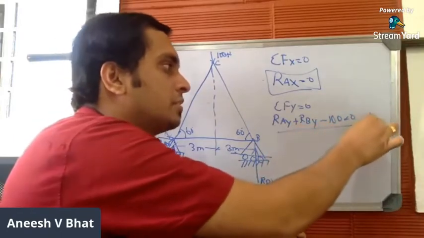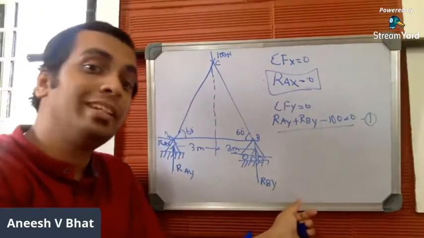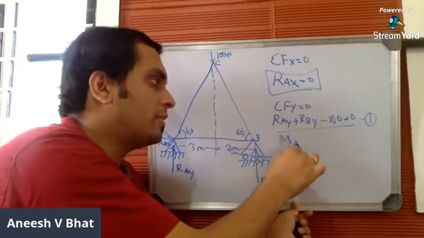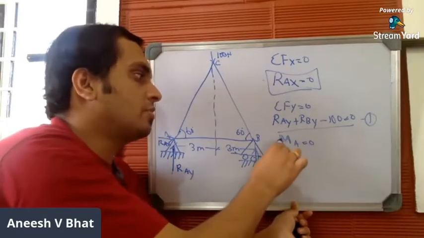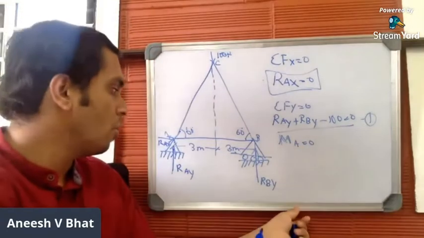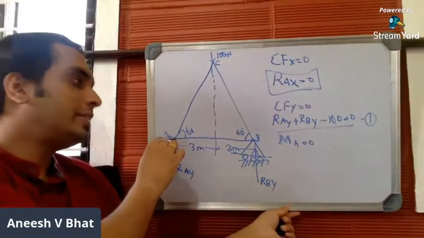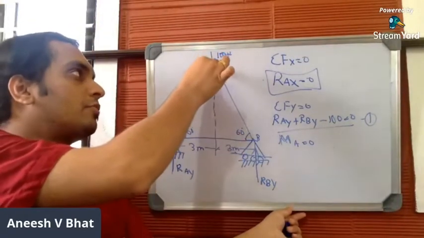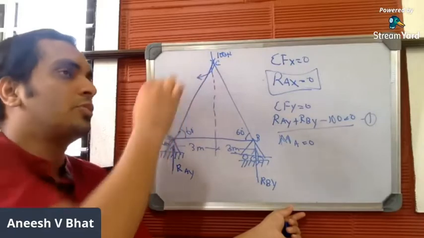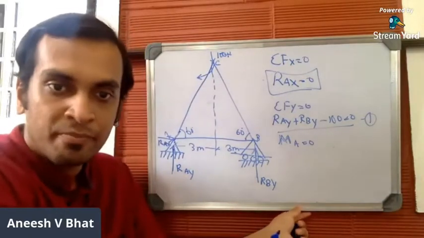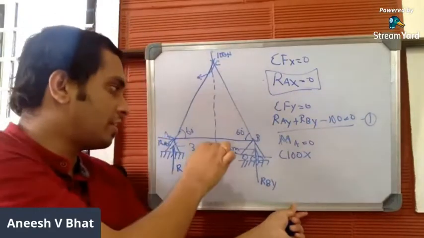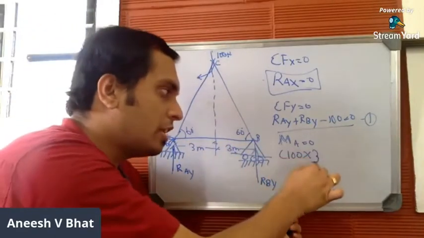You cannot solve this yet. Let me call it equation number 1. Apply the third condition of equilibrium: moment either about A or B is equal to 0. Let me consider moment about A equal to 0. RAX and RAY will not produce any moment about A. The 100 Newton force produces a clockwise moment, so it is 100 into the perpendicular distance, 100 into 3.